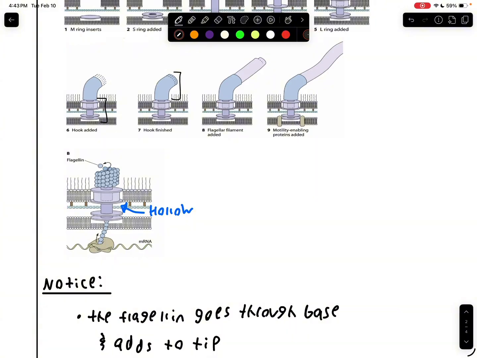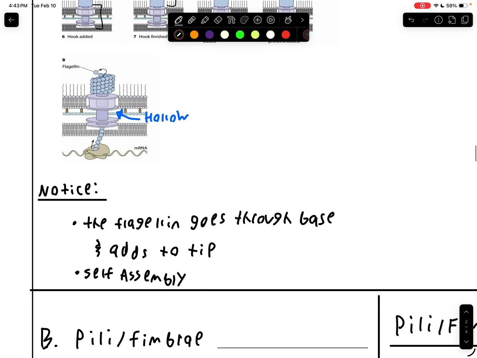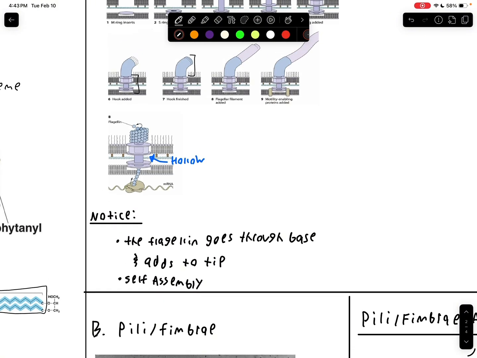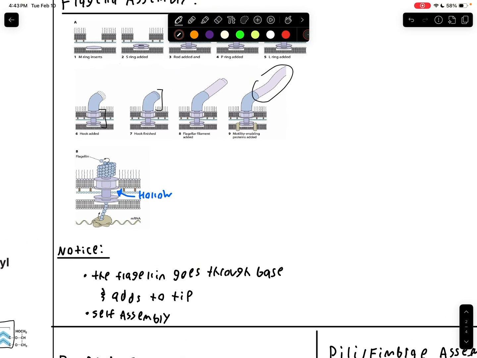So what you want to think about is the tip is growing, right? You're taking these pieces and you're adding them to the top. You're not adding over here to the base and pushing that out. You're adding to the tip. So just keep that in mind. And it self-assembles. Once you have this motor, it'll just self-assemble the entire flagellum.